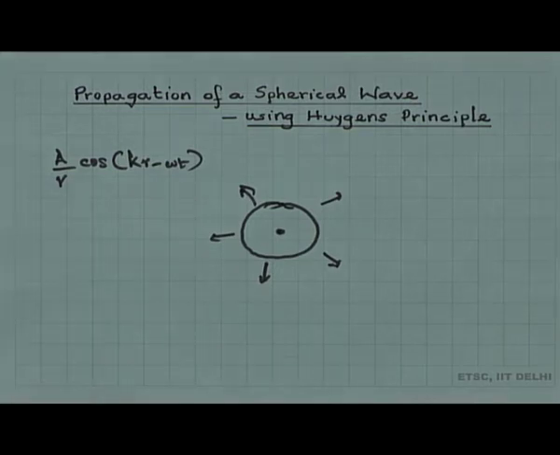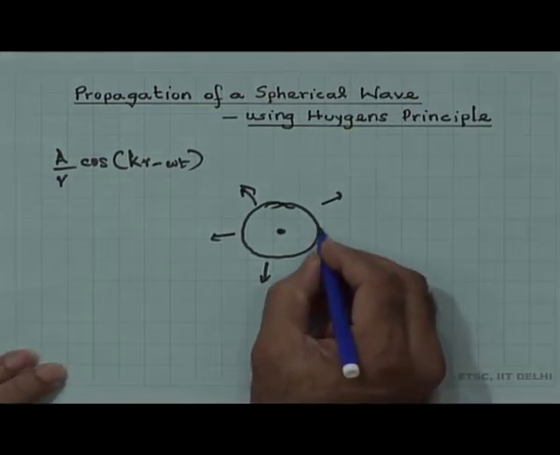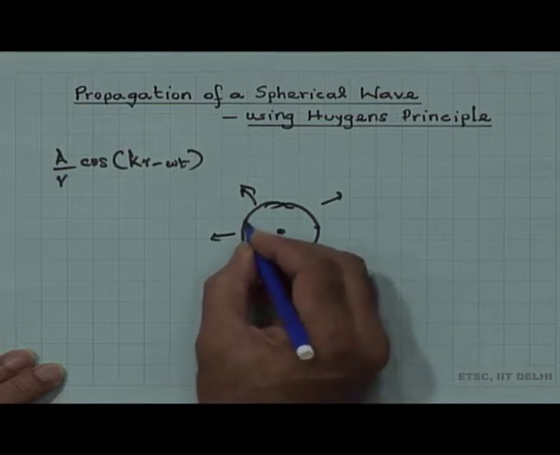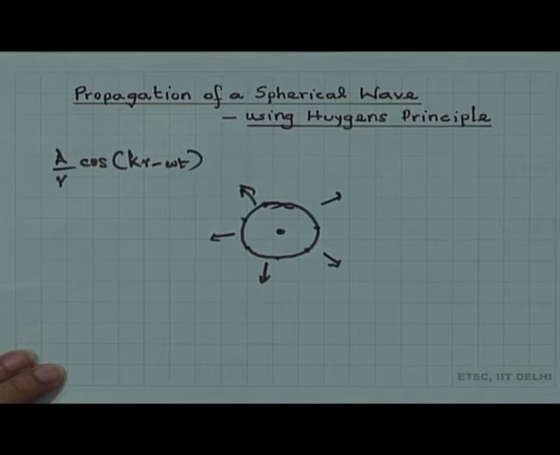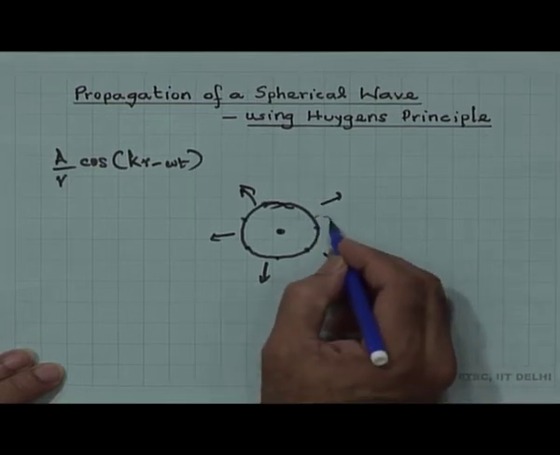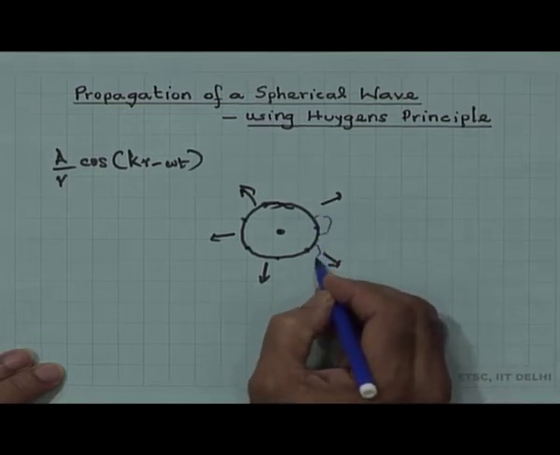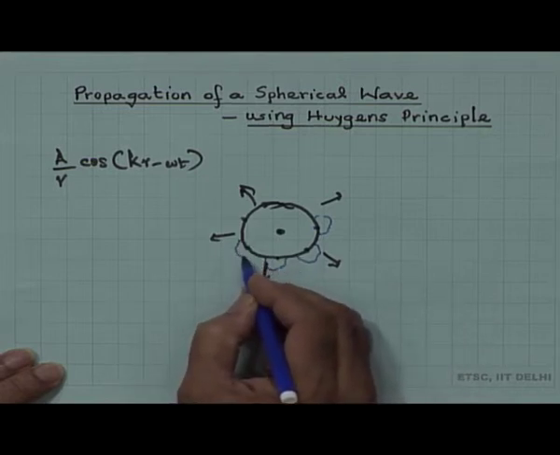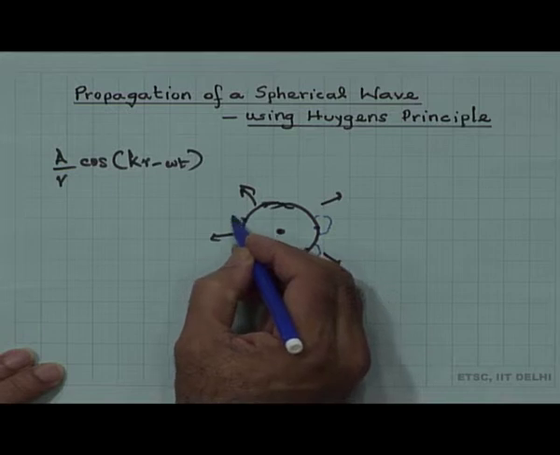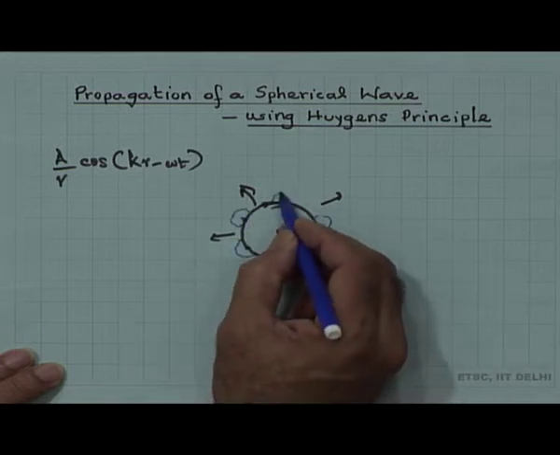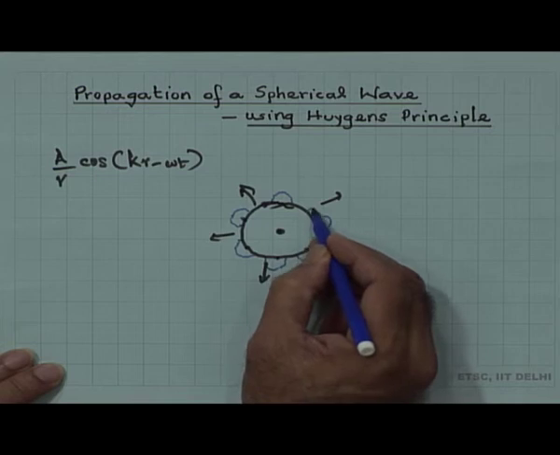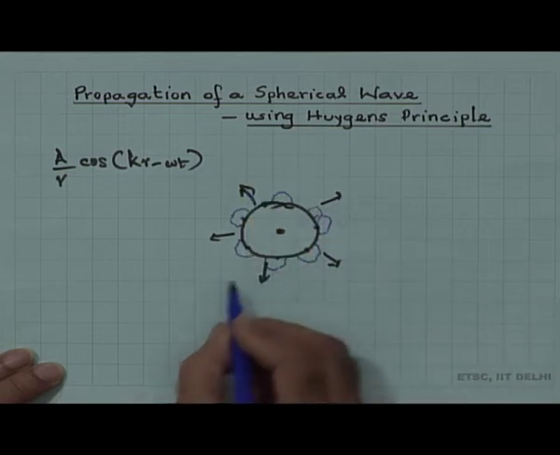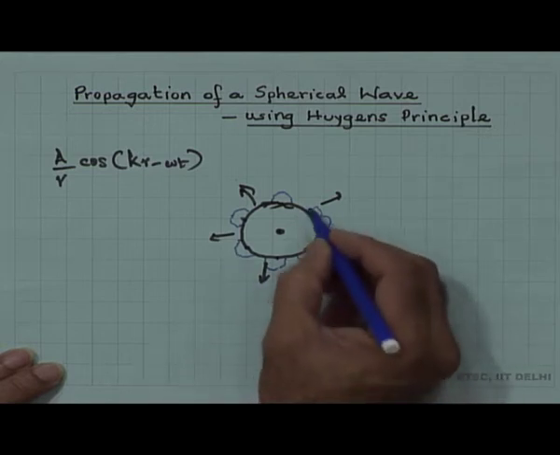According to Huygens principle, let me use a different color here. We consider point sources on this, and then these point sources give out secondary wavelets. I am showing the forward half, because the wave propagates, the secondary wavelets outward in the forward direction, because the k is in this direction, and according to Huygens the amplitude will be present only at the tangent.